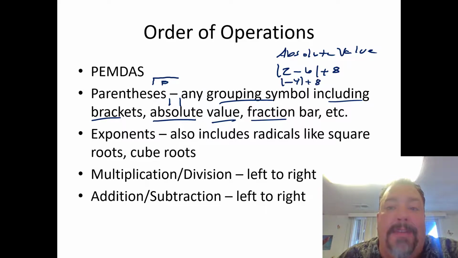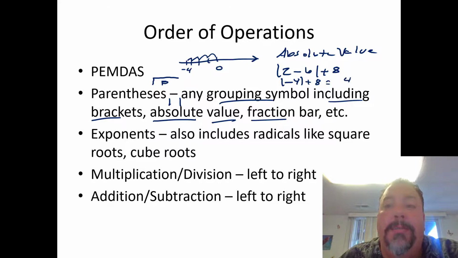Then you take the absolute value. What is the absolute value of negative 4? That means how far is negative 4 from 0 on the number line. So 1, 2, 3, 4, there's negative 4, and it is 4 away from 0. So the absolute value of negative 4 is positive 4. So we get 4 plus 8 for a final answer of 12.